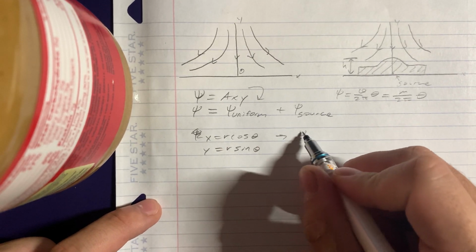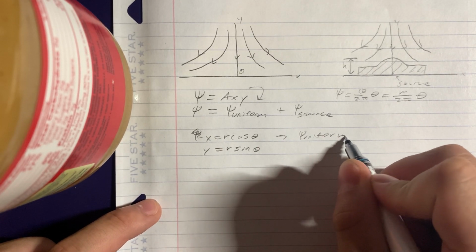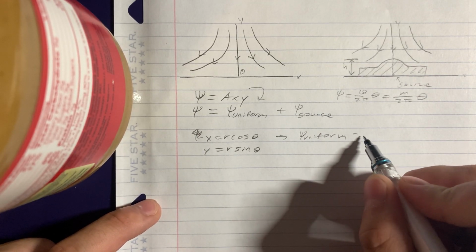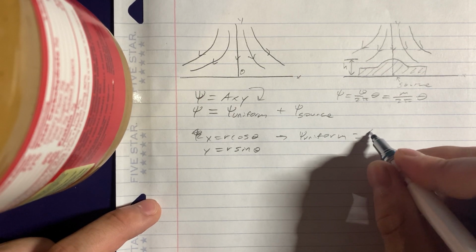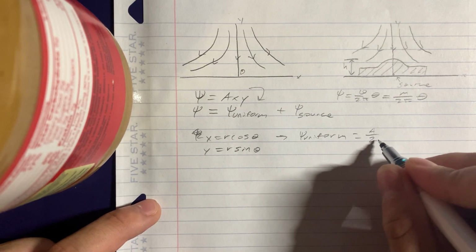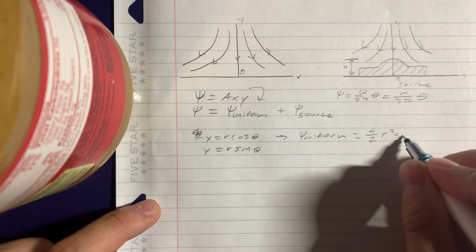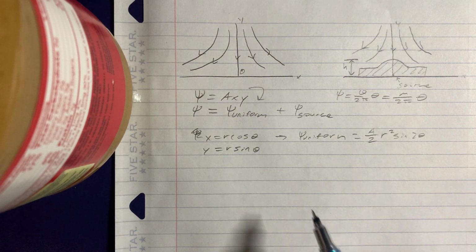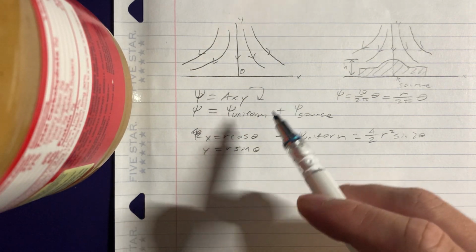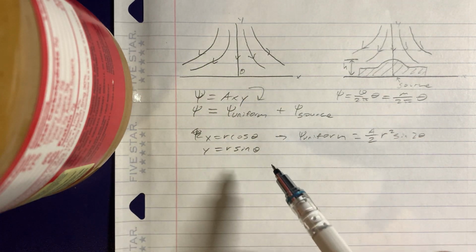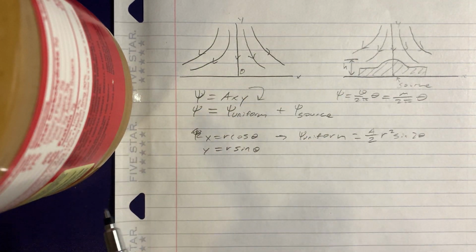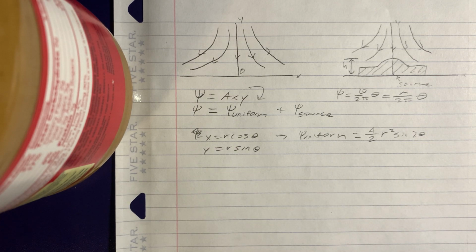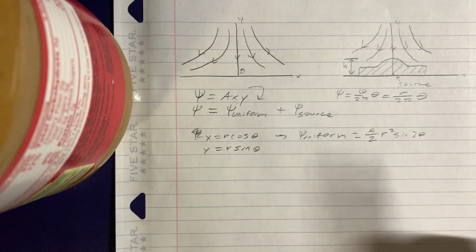So our uniform flow becomes A over 2 times r squared sine of 2 theta. That was just substituting r cosine theta in for x and r sine theta in for y, and then multiplying them out, and due to trig identities they become r squared times sine 2 theta over 2, and then times the constant A.